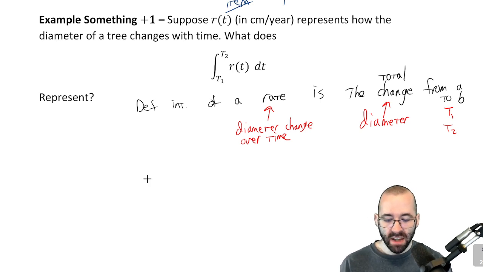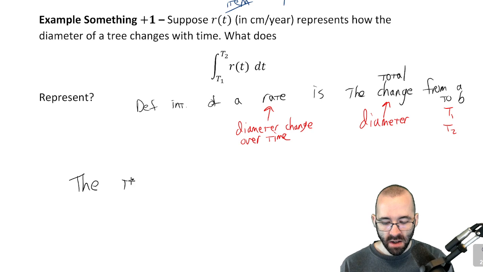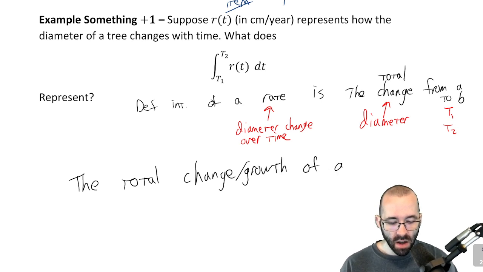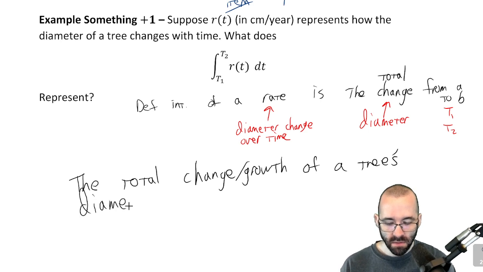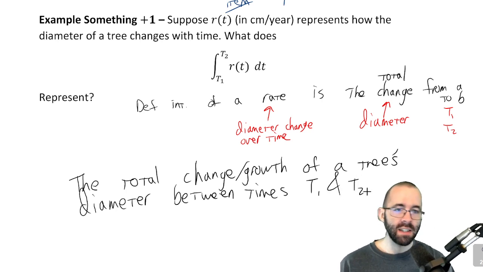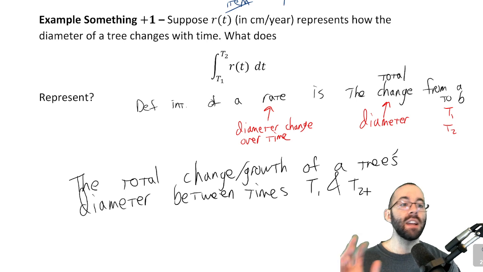This integral represents the total change or total growth, whatever word you want to use, of a tree's diameter between times t1 and t2. So maybe t1 and t2 are 5 years of age and 10 years of age.